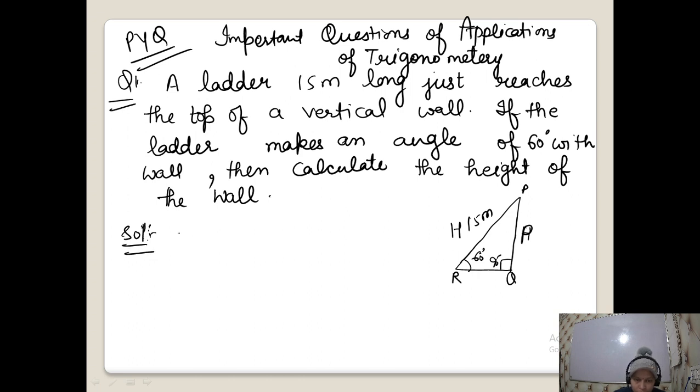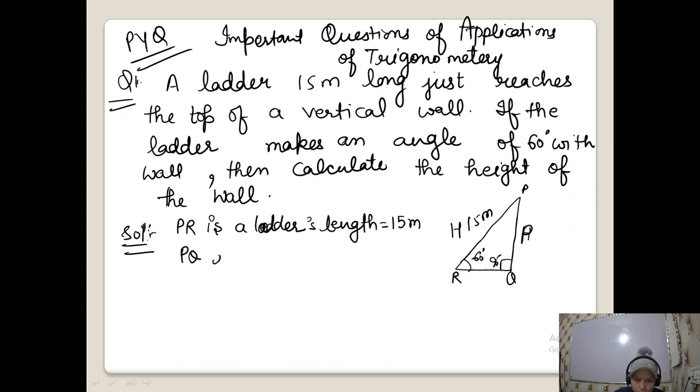First of all, you have to write PR is the ladder's length, that is 15 meter.